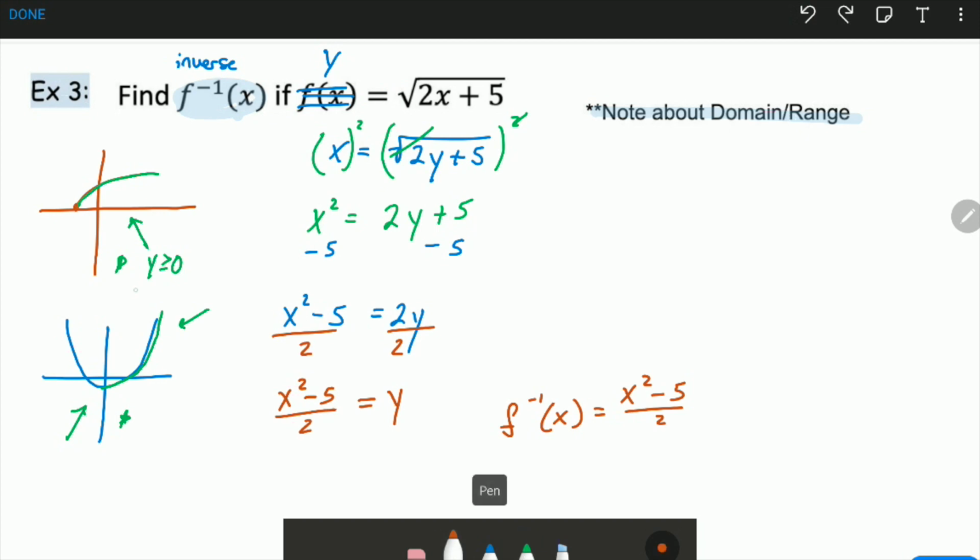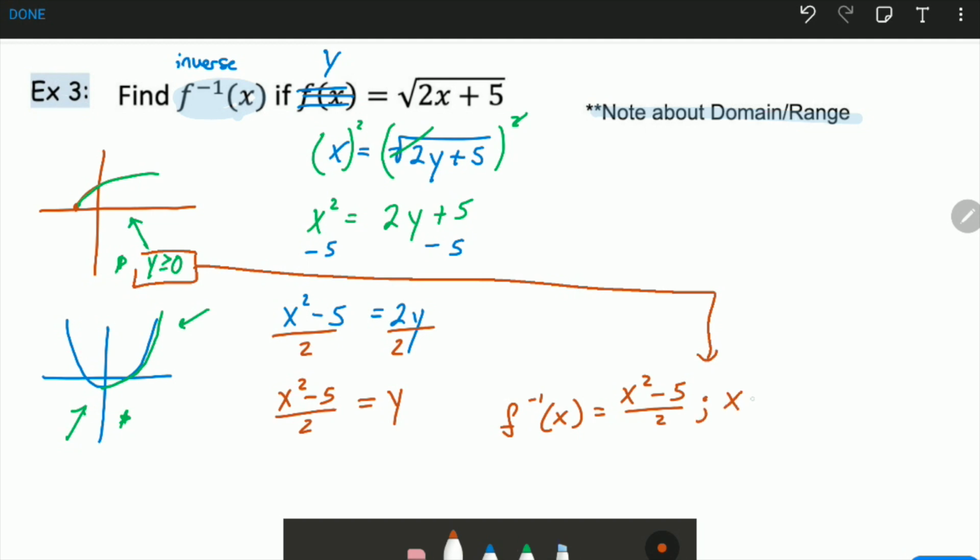And if we switch x and y in our range, it is going to become, for the inverse, in x, which will be a domain of x greater than or equal to 0. Because remember, the inverse and the original, the x's and y's switched places. So the range of the original is the domain of the inverse, which is what we use to restrict a portion of the graph. But there we have the complete answer, making sure that we're only using half the U-shape and not the full U-shape.